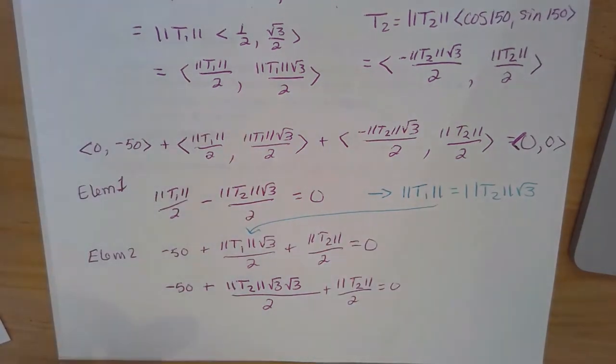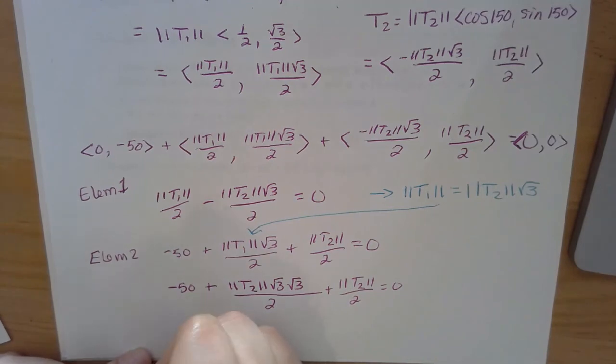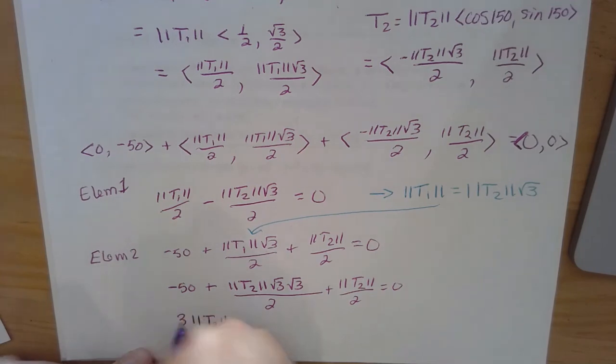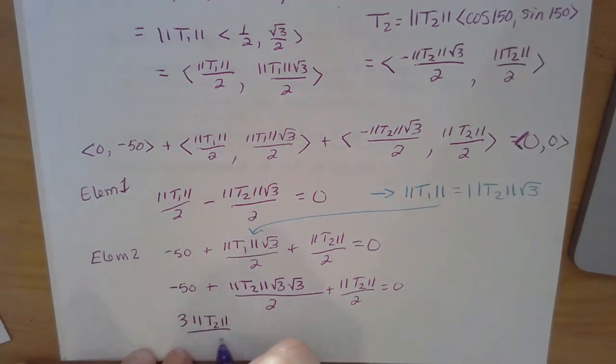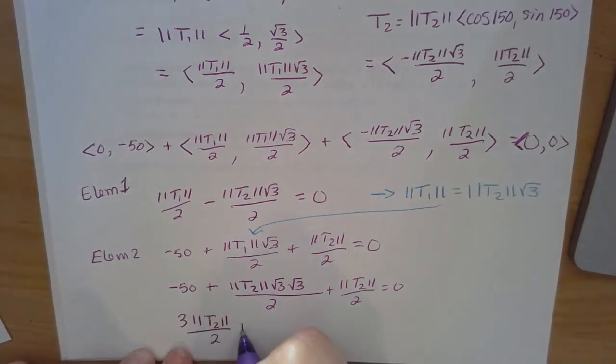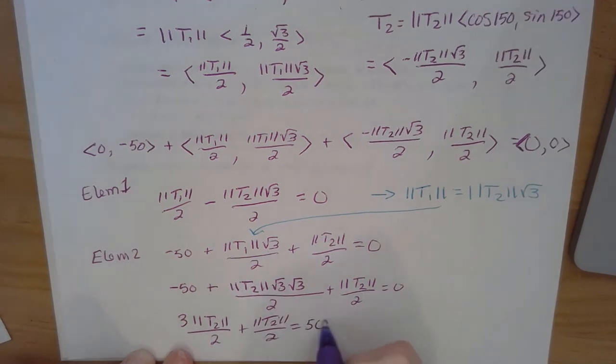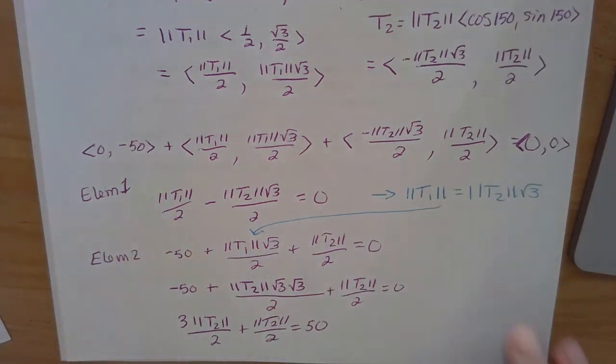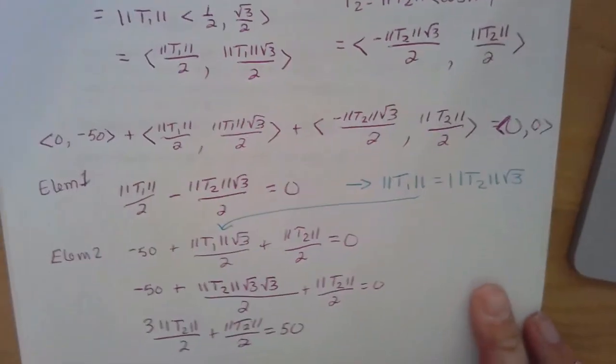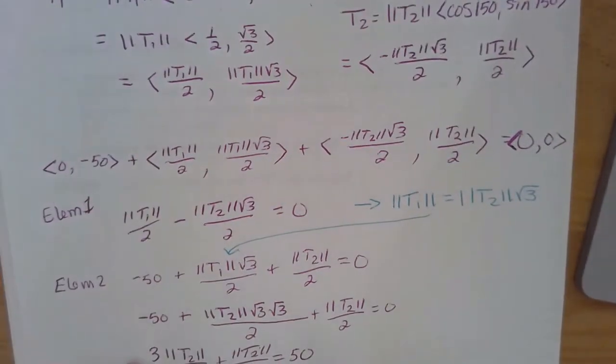Okay, let's do some algebra here. I'm going to move that 50 over. I get tension 2 times 3 all over 2 plus tension 2 all over 2 equals 50. Now guys, I'm running in a room, so I want to make sure that you understand this algebra.